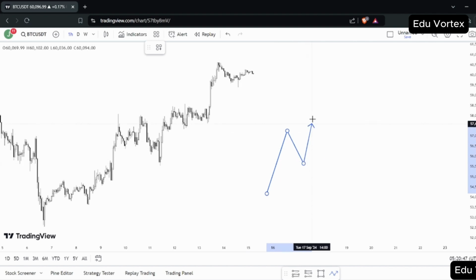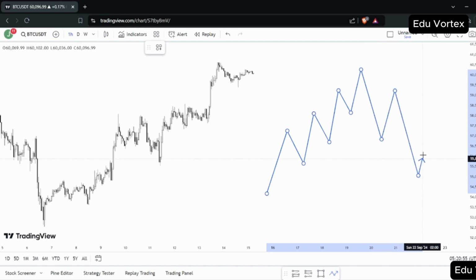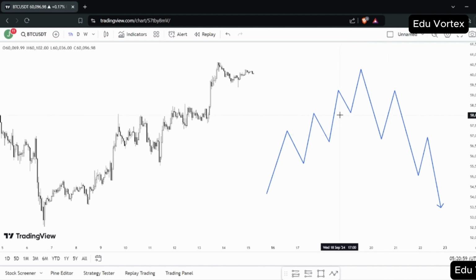Now let's talk about a change in structure. Change in structure will look like this. A change in structure will be we break the previous low of the bullish structure, then we retrace to a premium.